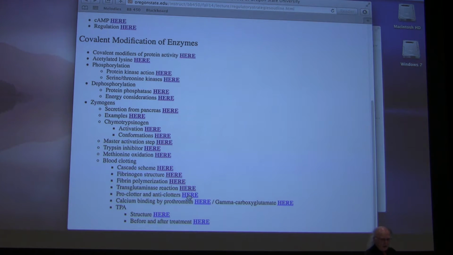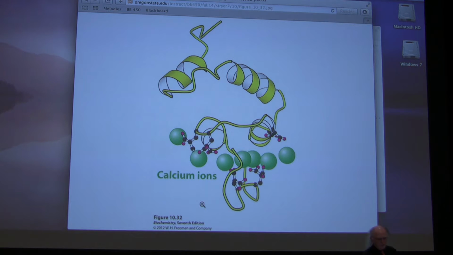Now, I'm going to come back to the pro-clotters and anti-clotters in a second. The next thing I want to talk about is another consideration in the clotting process, which relates to calcium ions. Calcium ions are abundant in our cells, and though I haven't talked much about them, they are a bit problematic for our cells.